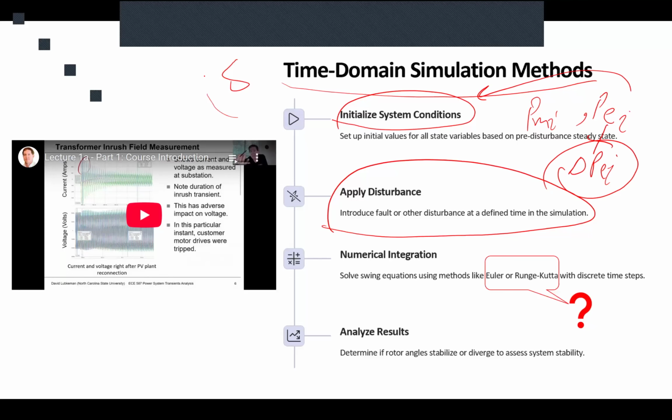What's going to happen to that delta is defined by that second order differential equation. We have to run a numerical method. Normally, they use the Euler or Runge-Kutta method. I put a question mark because I wanted to ask you to look into those two methods, the Euler and Runge-Kutta.